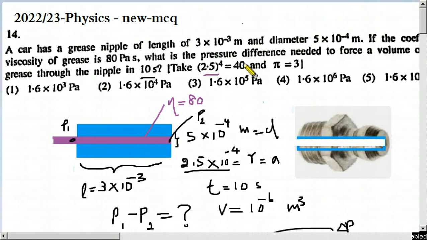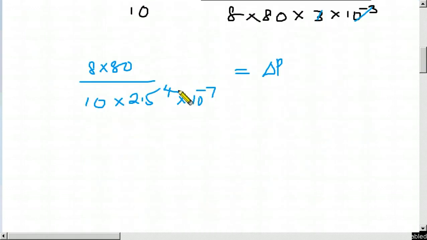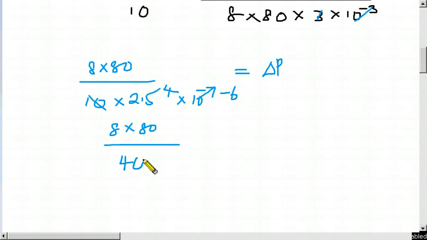So we can use this value 40 instead of this 2.5 power 4. Then this 10 power cancels with this minus 1 here, then minus 6. Then 40 for this one, and 10 power minus 6.